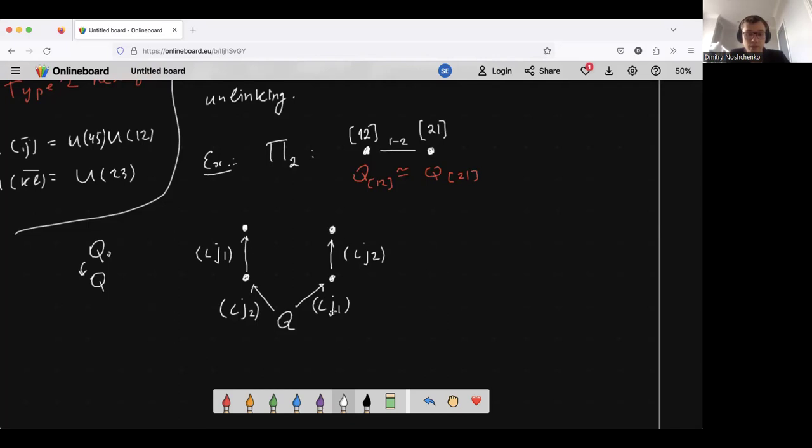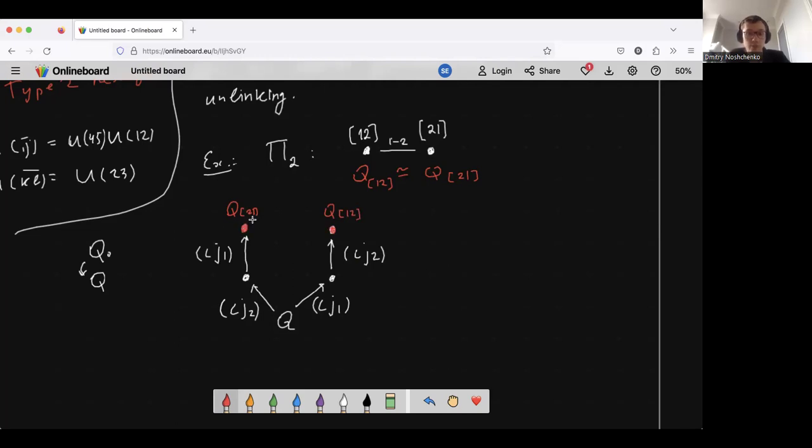On the left and on the right, we apply j1 and j2. So in principle, one can identify quivers in the permutohedron with such pairs. Here we have 1, 2, and here the other way around, 2, 1, and here we have Q1,2.